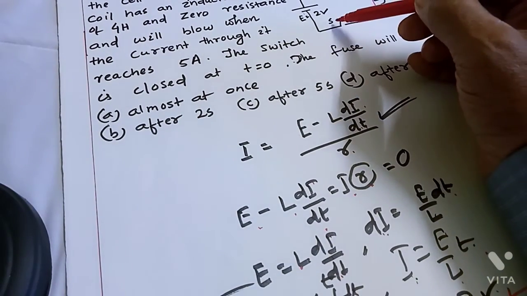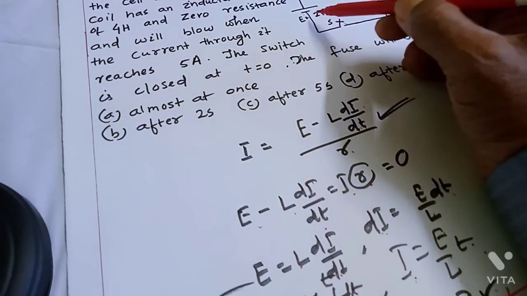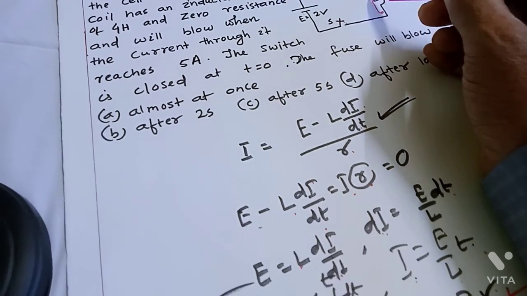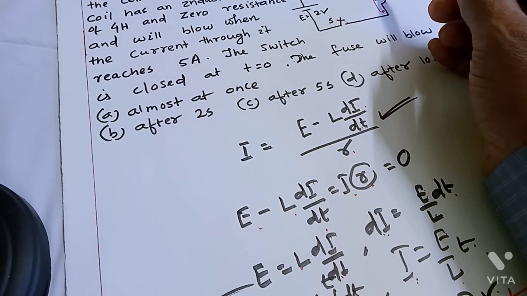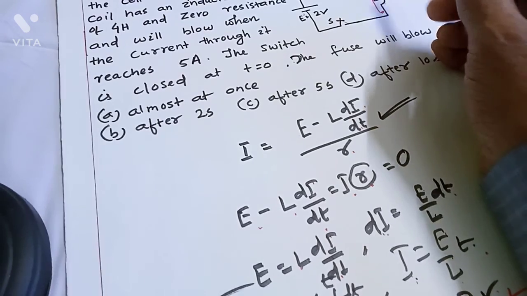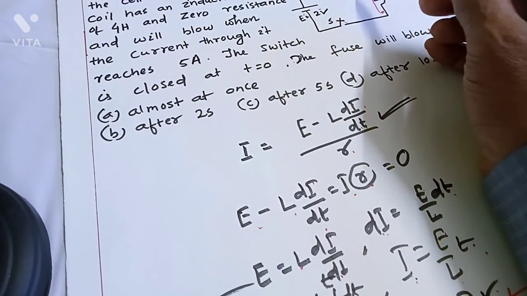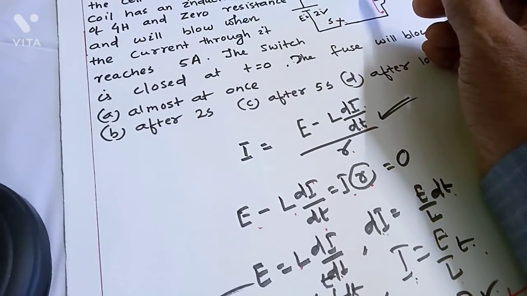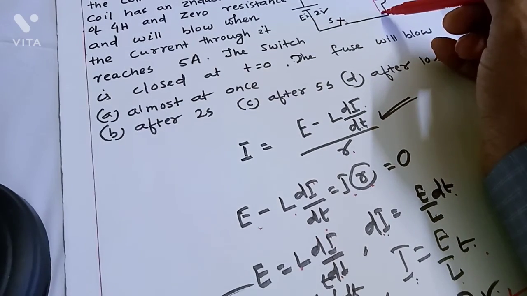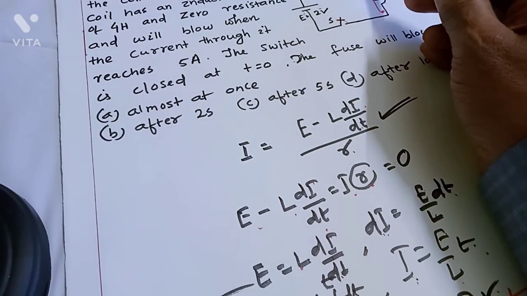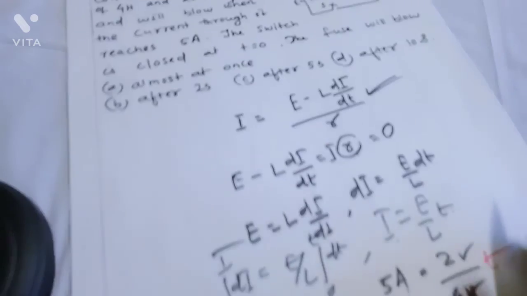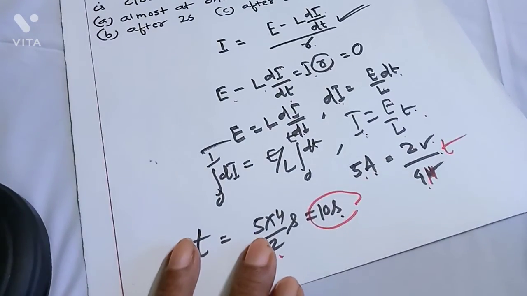As we close the switch, the current starts to grow and the inductor opposes the variation of current. The process continues. The moment the applied EMF becomes equal to the induced EMF, the current ceases to increase. That amount of current flows in the circuit even though the potential difference across the inductor is zero. So the answer is 10 seconds.